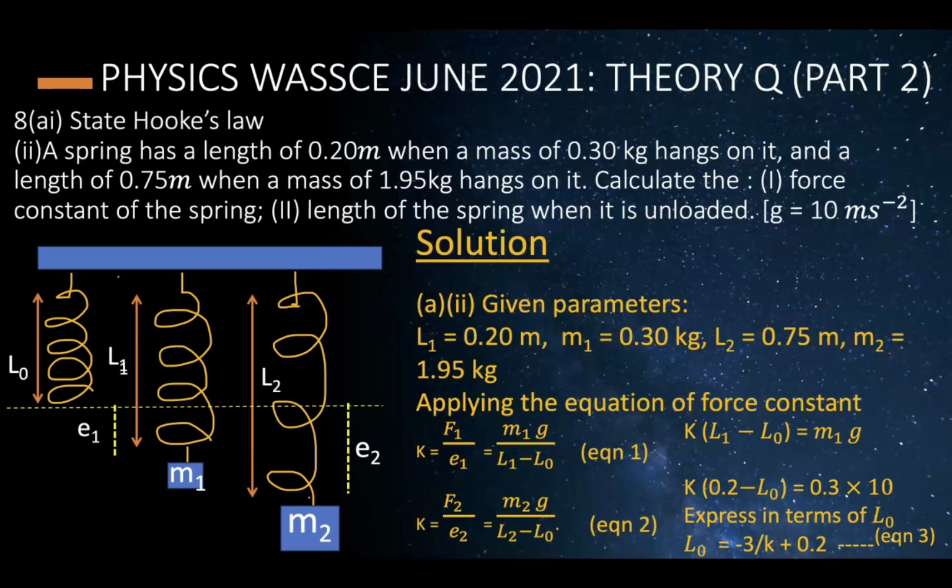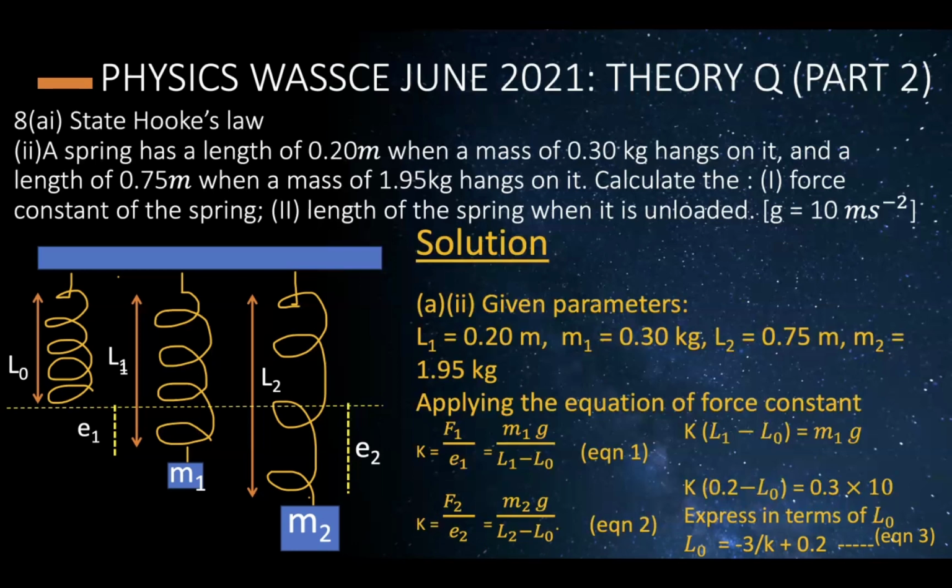In this case, you are free to choose any method, but bear in mind the order with which the question was asked. There is a way you can solve to find the original length of the spring first, before you find the first constant, still with this simultaneous equation.